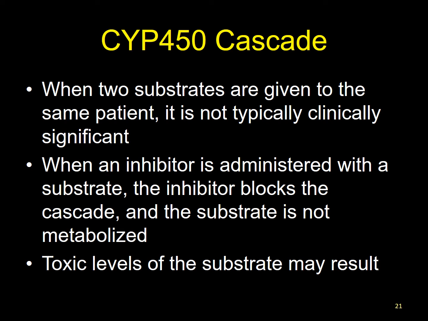If at the same time you give a drug that is an inhibitor of cytochrome P450, that's a drug that's going to hold the door shut. So if one is holding the door shut and the other drug is trying to walk out through the door, what's going to happen? The drug that's trying to leave, or the drug that's trying to be metabolized, can't be. It's stuck in there. Start taking a couple more doses and the next thing you know, your patient's going to be toxic.